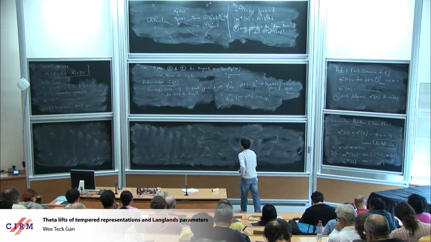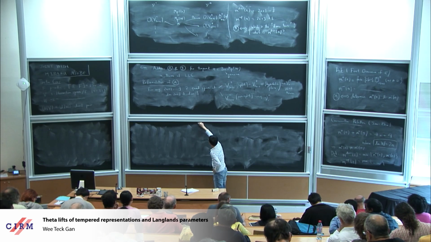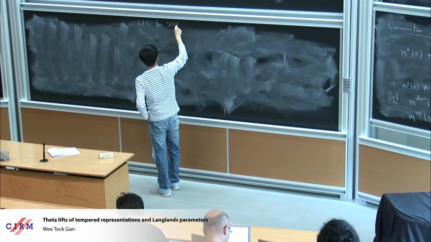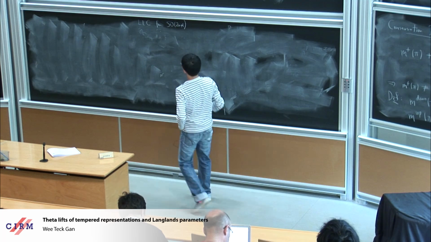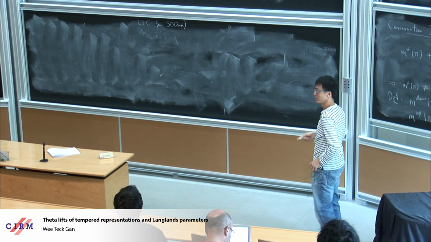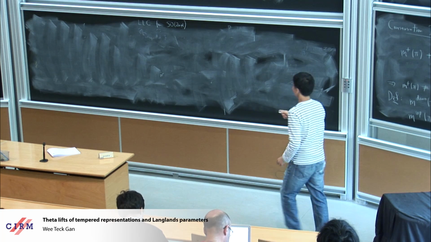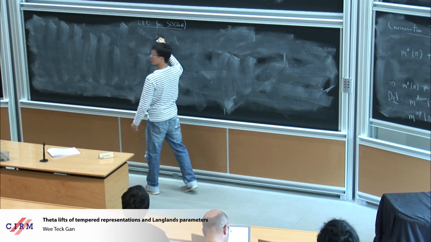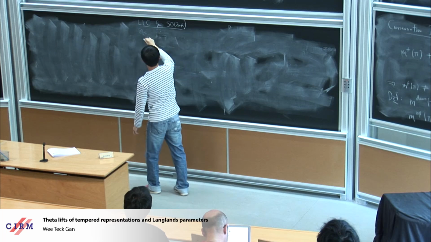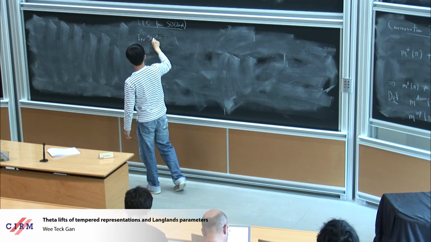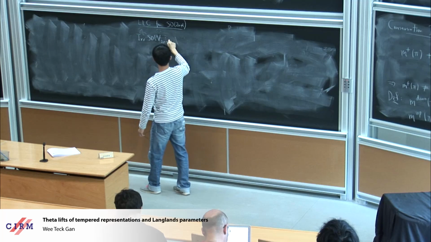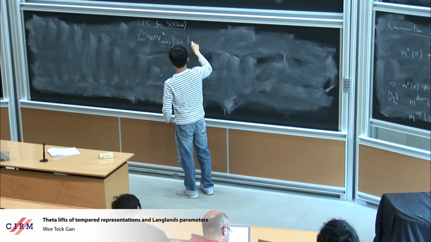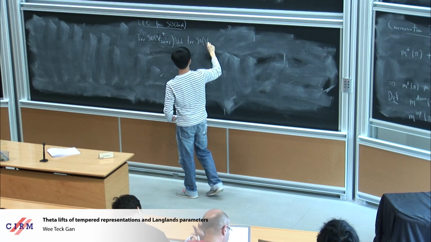Let me start with that. Actually, you already heard it in the previous talk, I think. The local Langlands correspondence for SO(2n+1). We are interested in the irreducible representations of these two special orthogonal groups.